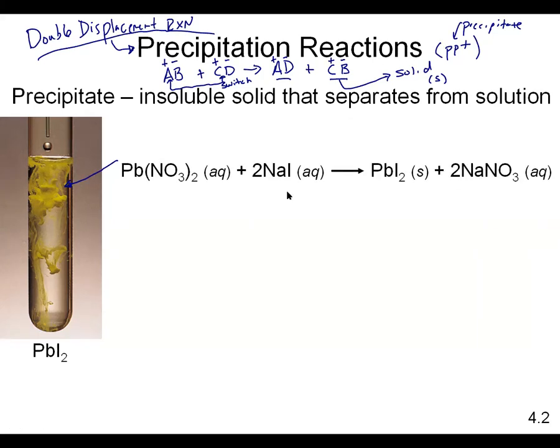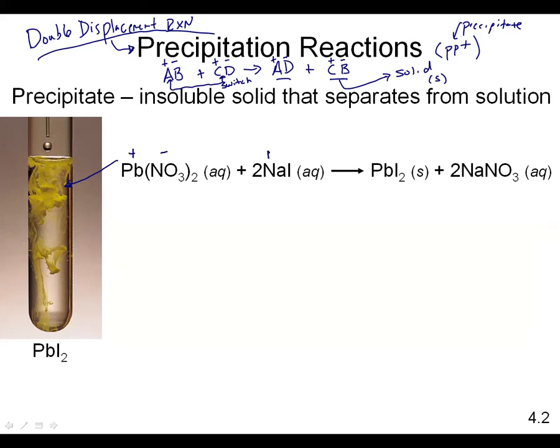So for example, if we look at this reaction occurring there on the left, we're going to take some lead II nitrate. We're going to react it with some sodium iodide, and we're going to make lead II iodide and sodium nitrate. Now, if you weren't sure what type of reaction this is, this is an ionic compound, a positive and negative.